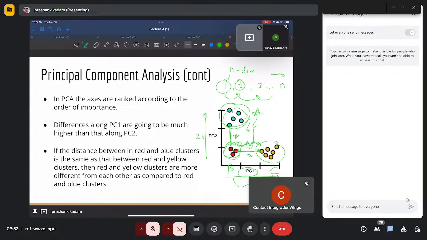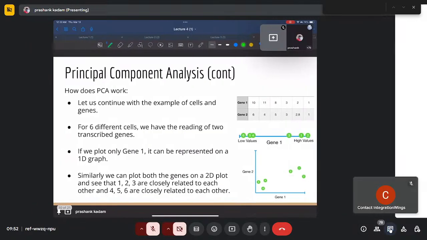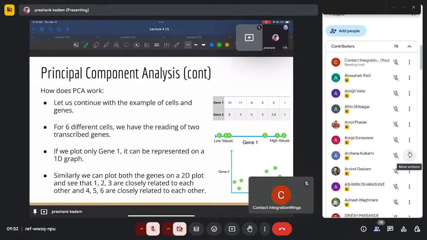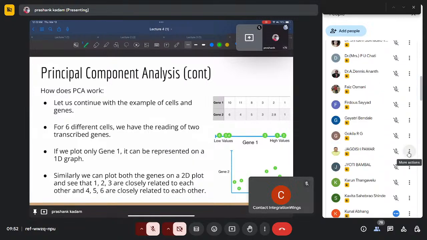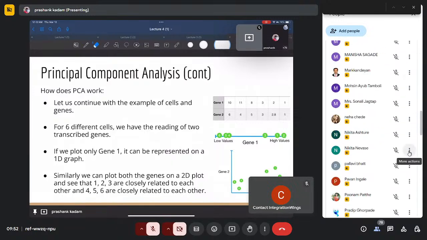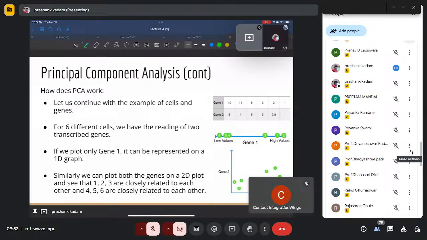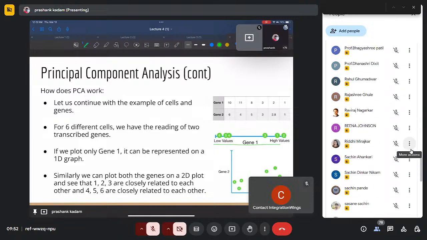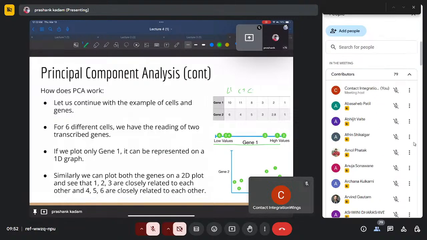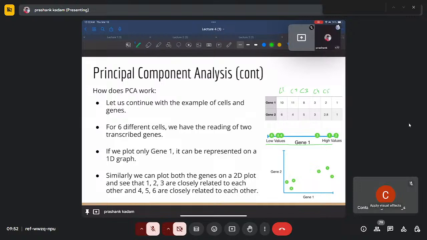So moving forward, now we come to how PCA works. Let's say we take information of two different genes. To start with, let's say we plot one-dimensional data. For gene 1, for each cell, I am plotting all the information on my 1D axis.